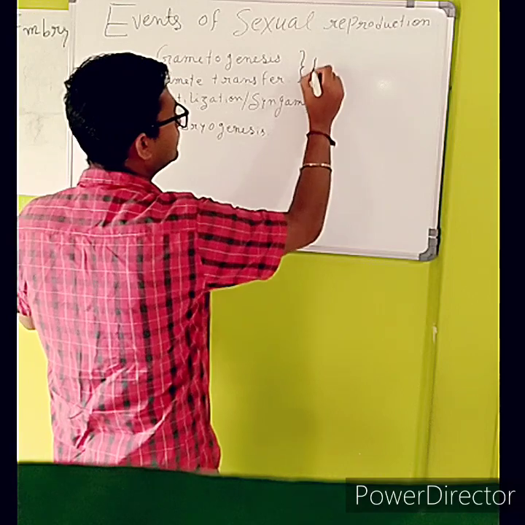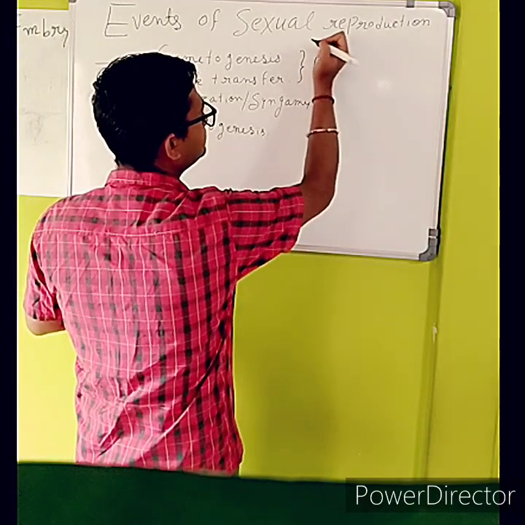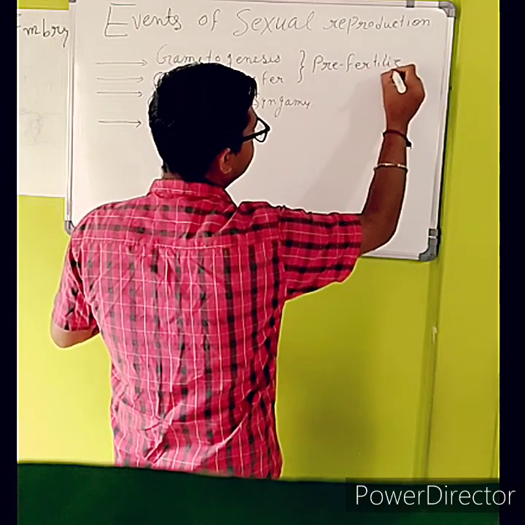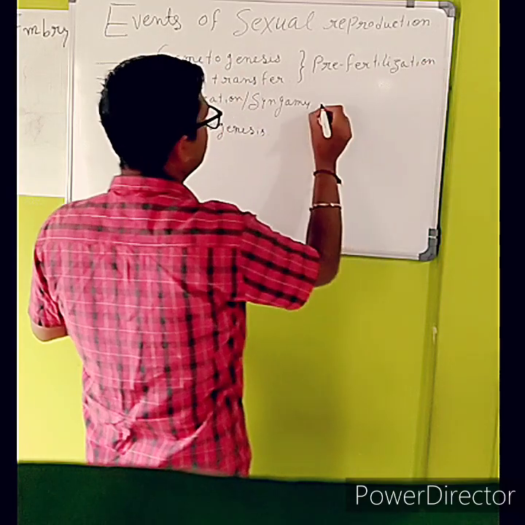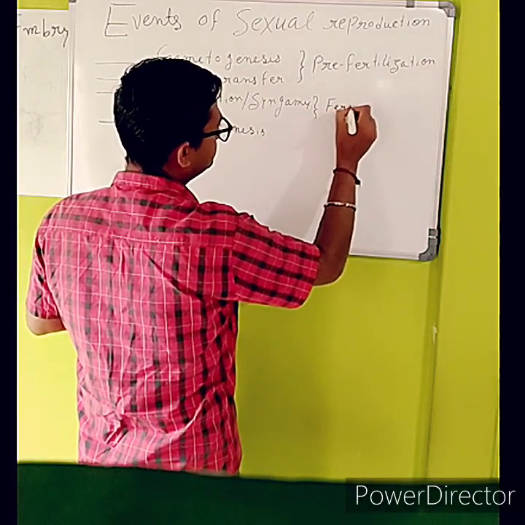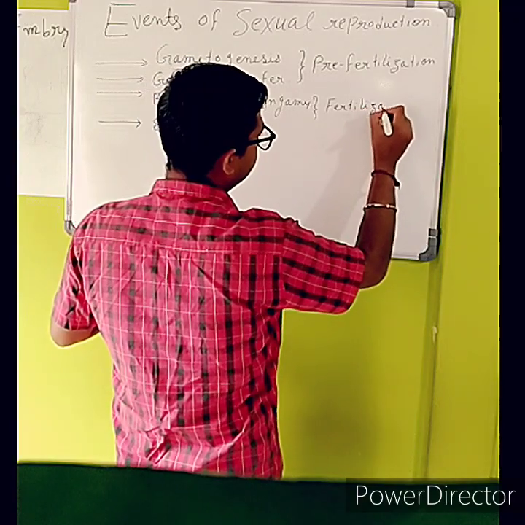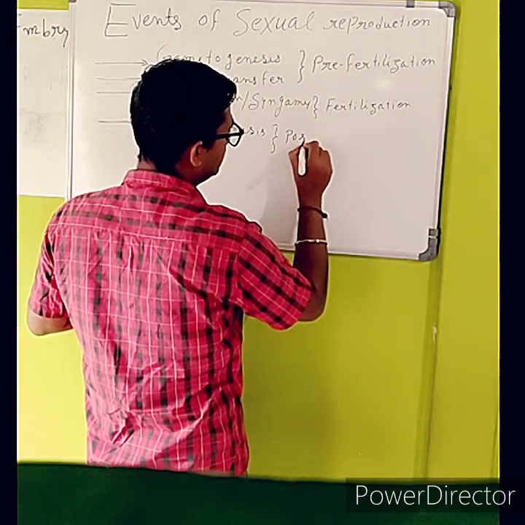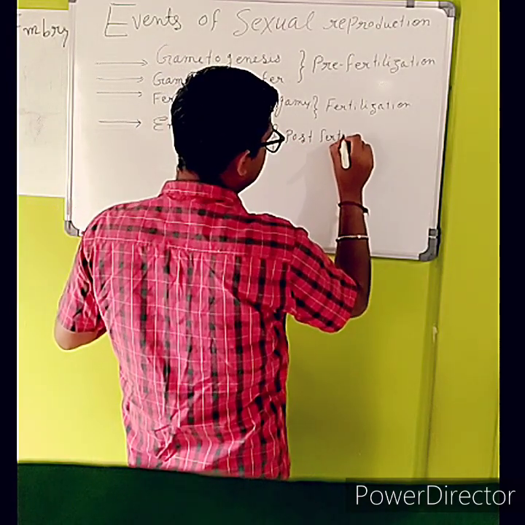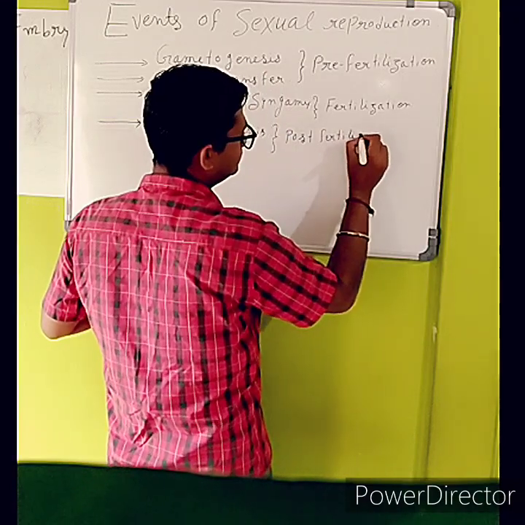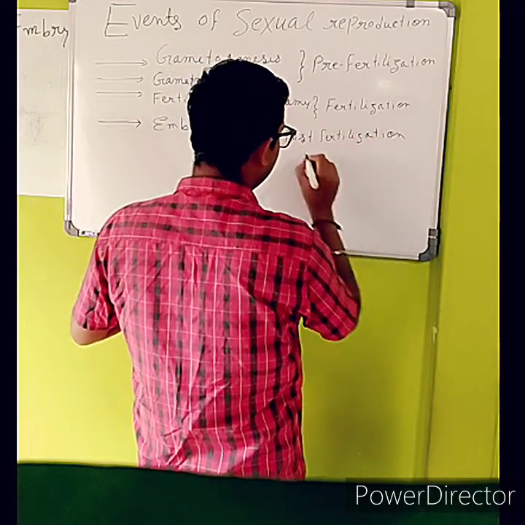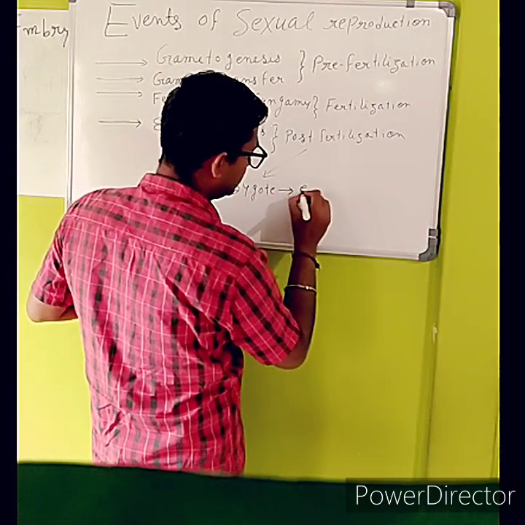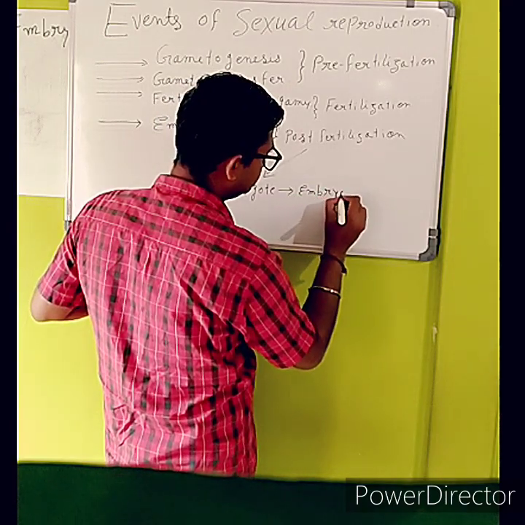We can divide gametogenesis and gamete transfer into pre-fertilization events. Pre-fertilization, then fertilization or syngamy, and embryogenesis involve the post-fertilization process. So pre-fertilization, fertilization and post-fertilization events occur in sexual reproduction, and in the post-fertilization process, after the formation of the zygote, the embryo will be produced.